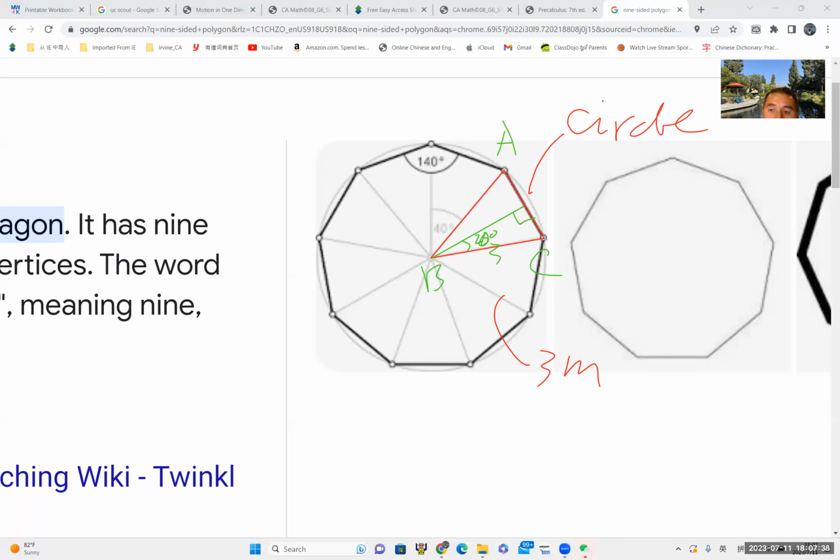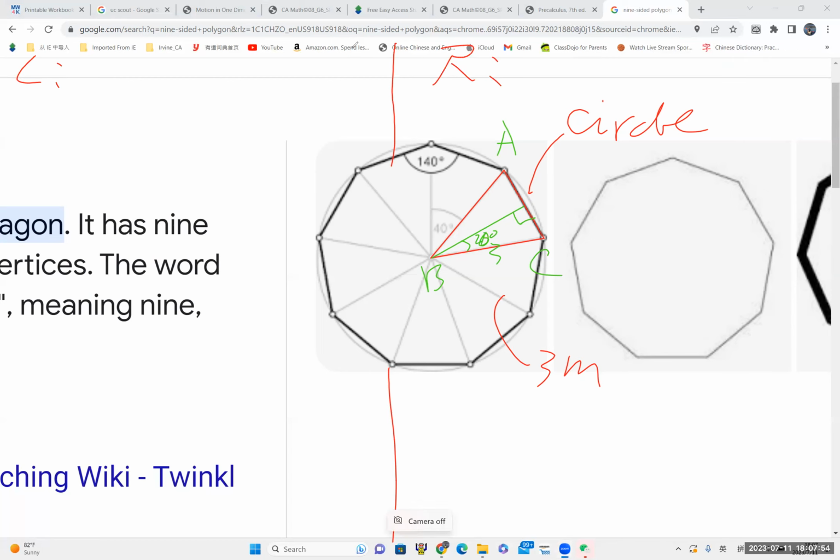Could you try? This is for Neil. This is for Ray. Find the area of triangle ABC.